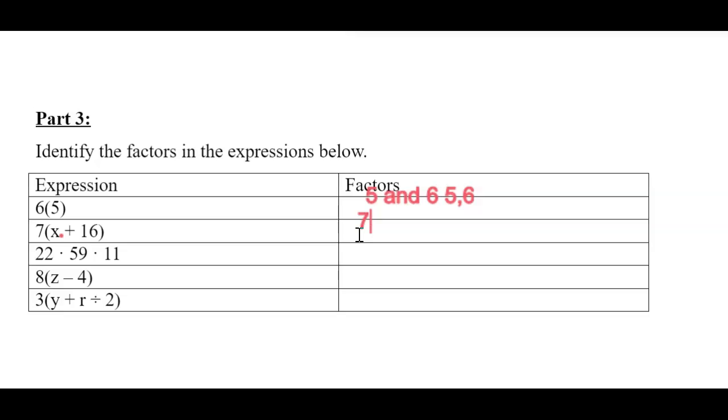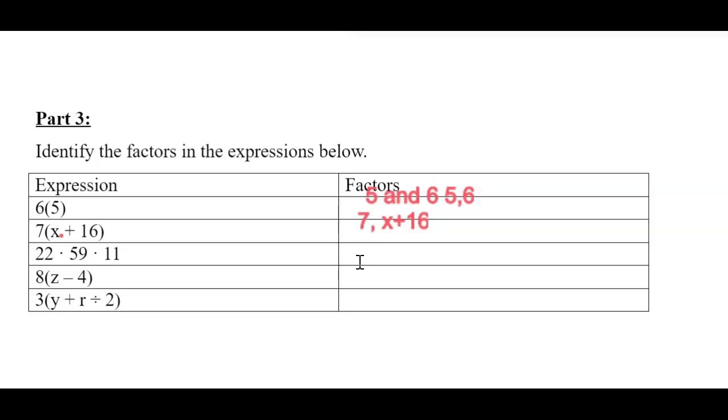You're multiplying 7 by that. So you're going to write 7, comma, x plus 16. So on MathXL, this is how you would type that in. There are questions like this on the homework.